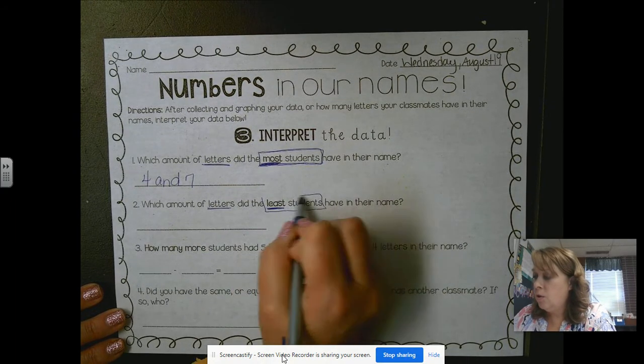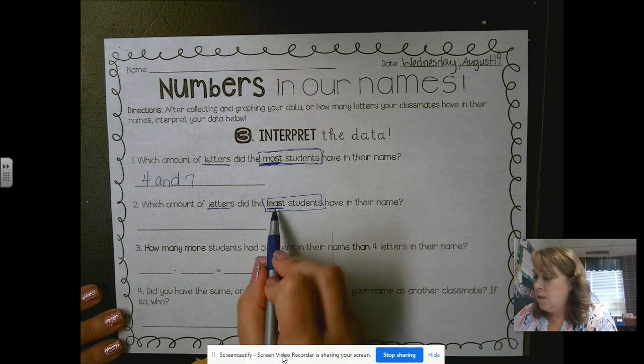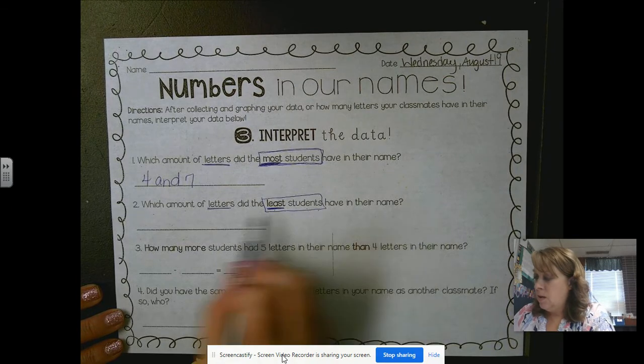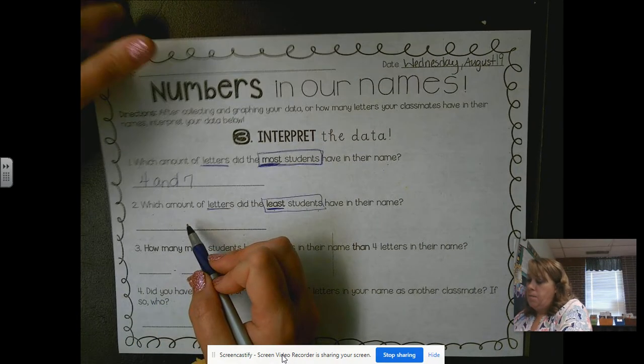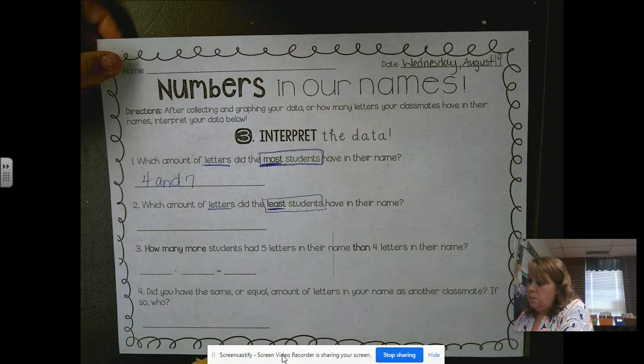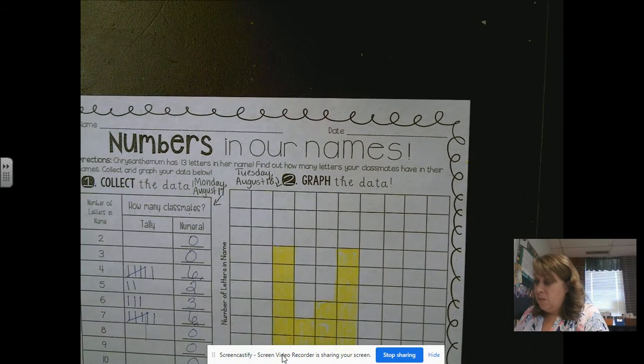All right. Which amount of letters did the least students have in their name? So this time we're looking for the least number of students. What amount of letters were those? Well, we have a lot of zeros.